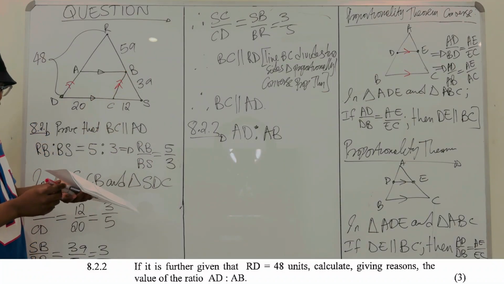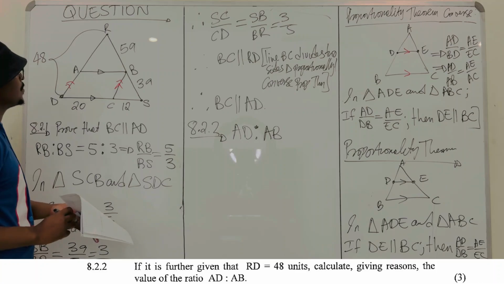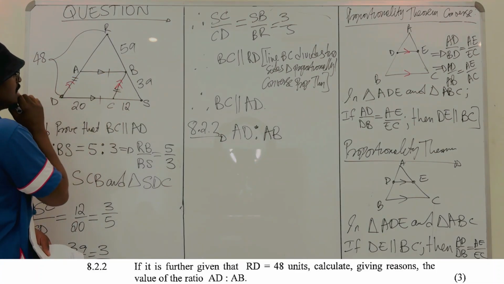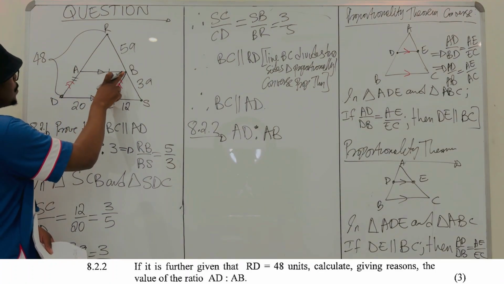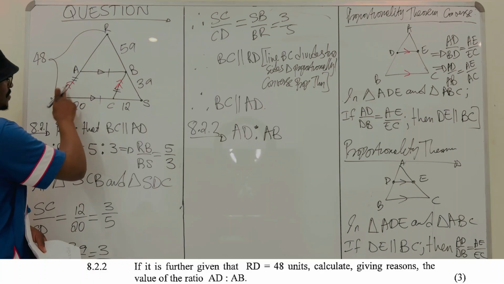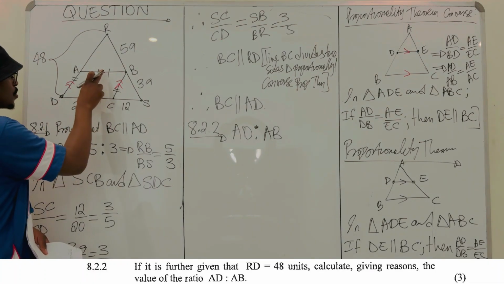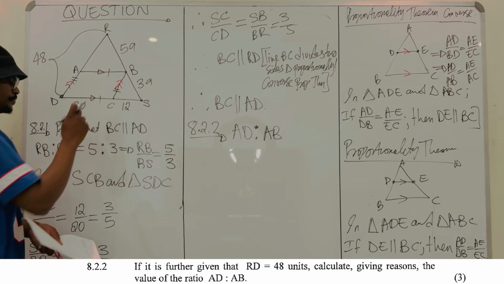Because ABCD is a parallelogram, this length is equal to this length, and this length here is equal to that length over there. So they want us to divide this side of the parallelogram by this side of the parallelogram, right? But we know DC is 20, which is equal to that.